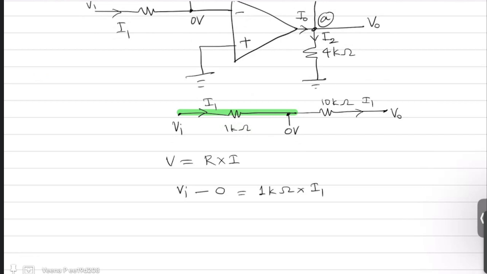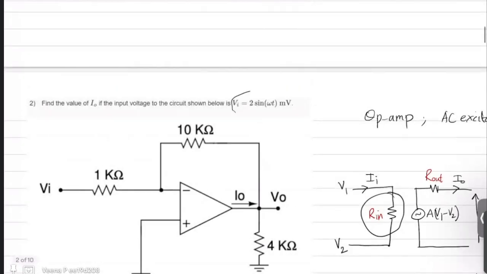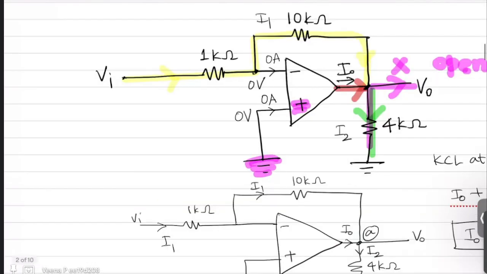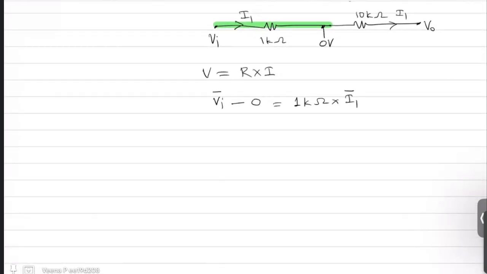Now we know Vi is a phasor, and I1 is also a phasor. Now what is Vi? Vi is 2 sine omega t. The phasor representation is according to your wish. If I am taking my sine axis as the reference axis, then your Vi will lie on the sine axis. So this is your Vi.